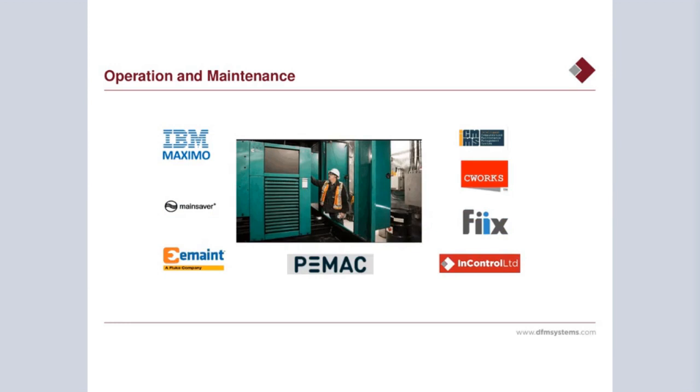But I think more use is made of the safety file and the operating and maintenance manuals, obviously for operation and maintenance purposes. And this is particularly useful when integrated with planned preventative maintenance software solutions, such as IBM Maximo or our own planned preventative maintenance application.